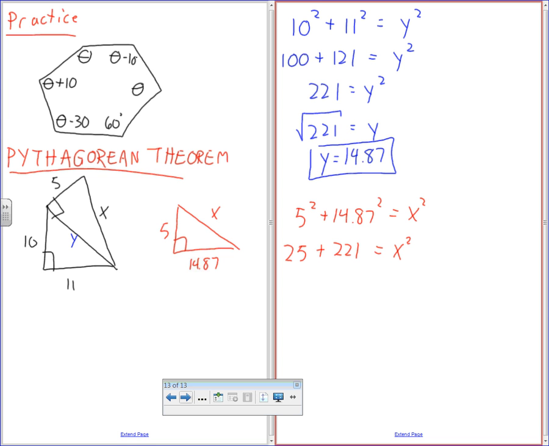You can go right to that number immediately. Couldn't you just round up to 14.9? You could, but you want to be as exact as possible, so it'd probably be better to leave it as 14.87238492. If you do 14.9 squared, you're going to be further away from 221, because you want to get exactly back to 221 when you square it. So you want to be as exact as humanly possible.